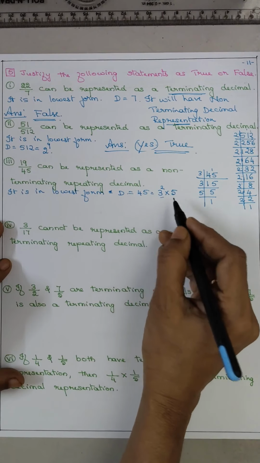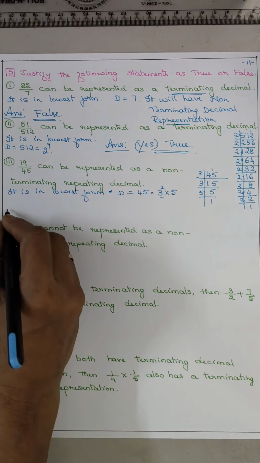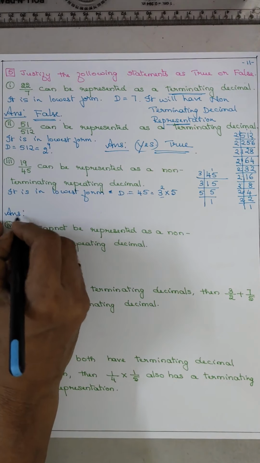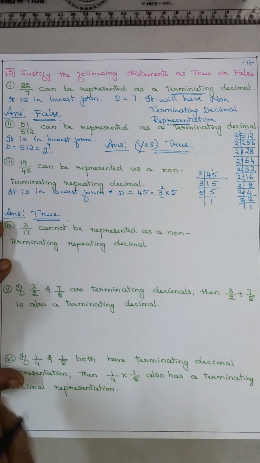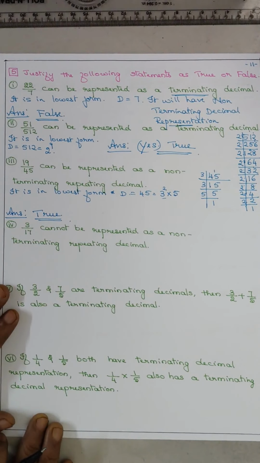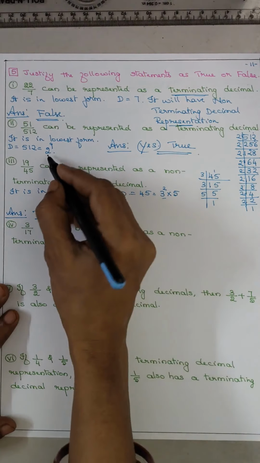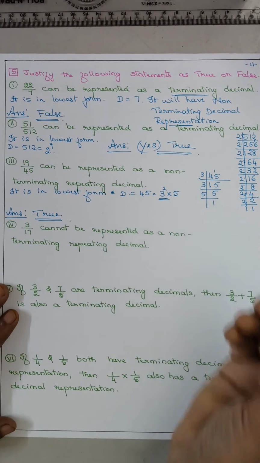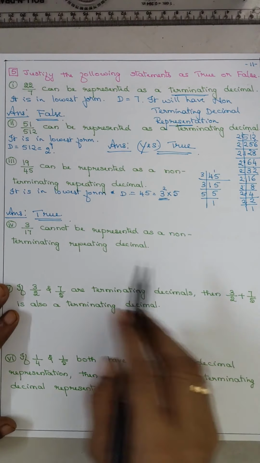So 3 is there, that means it is non-terminating, so the answer is true. Understood? So when 3 is there, it cannot be terminating, it is non-terminating.